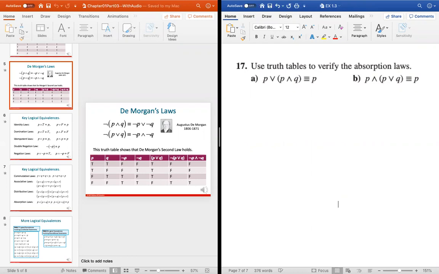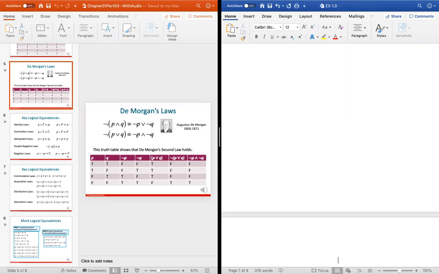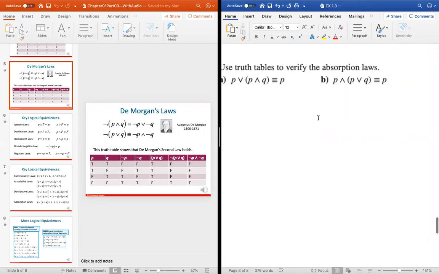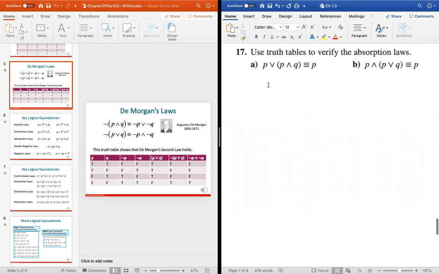So now we will be solving this using the truth table as well. Let's insert a table.